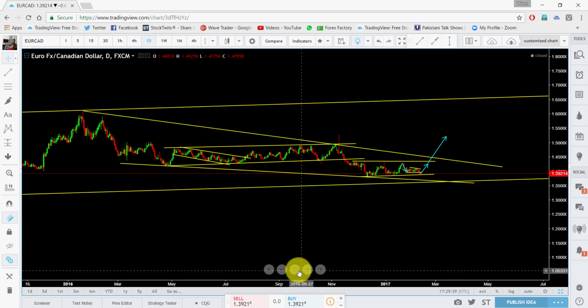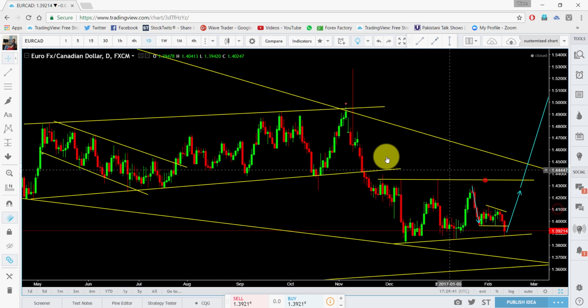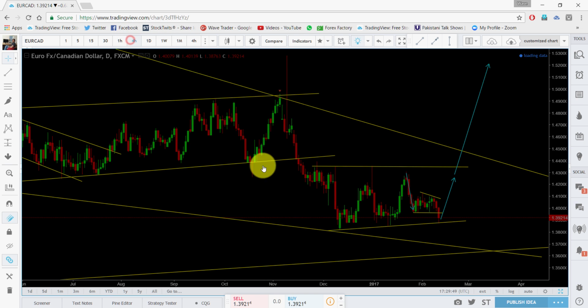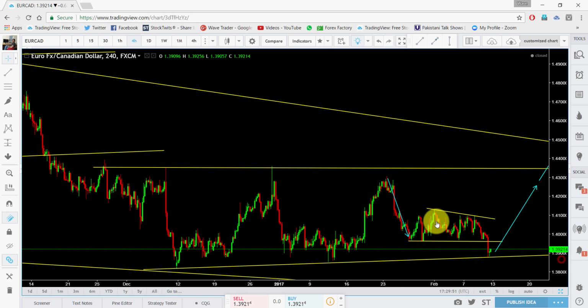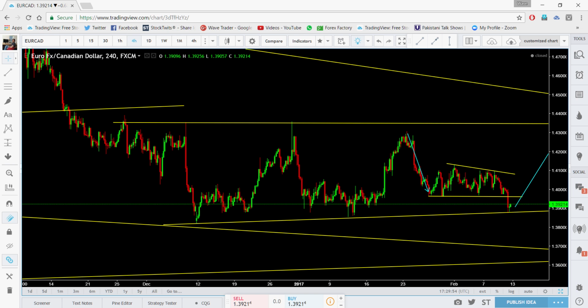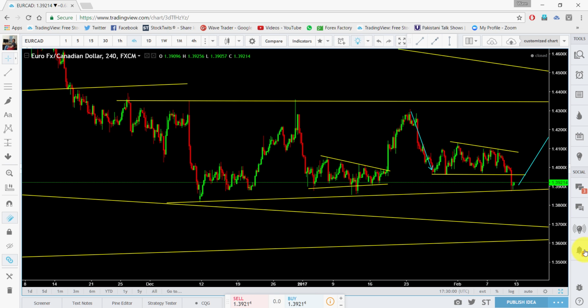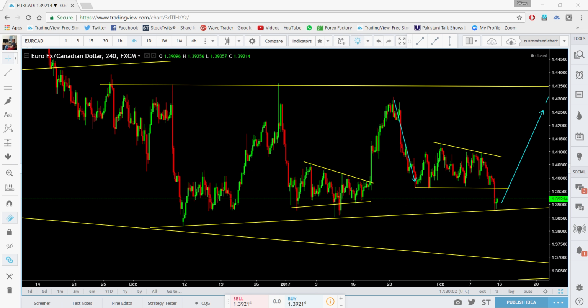For short term, everyone remember that when price was hitting this place, we were looking to sell. When price was here at this place, some of you guys were looking for continuation to the downside, and I wasn't anticipating continuation to the downside. I asked you guys to look at price here at this place.